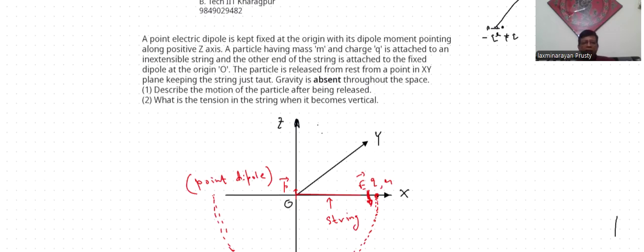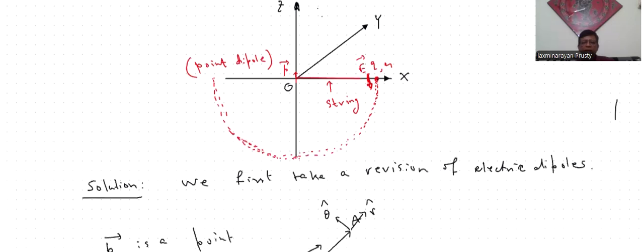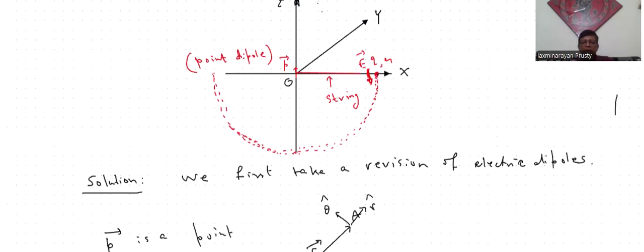There is no gravity. The question is: describe the motion of the particle after being released, and what is the tension in the string when the string becomes vertical?